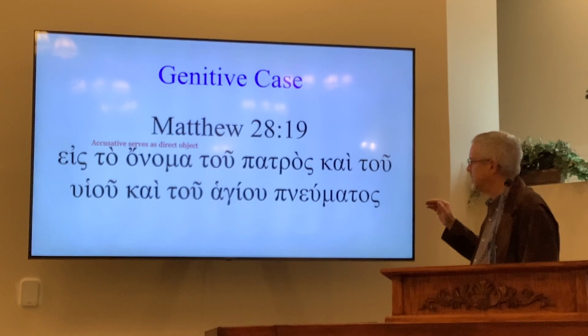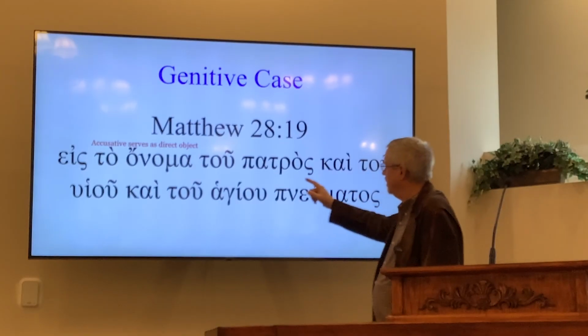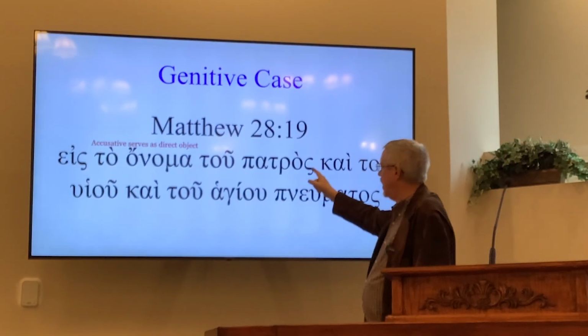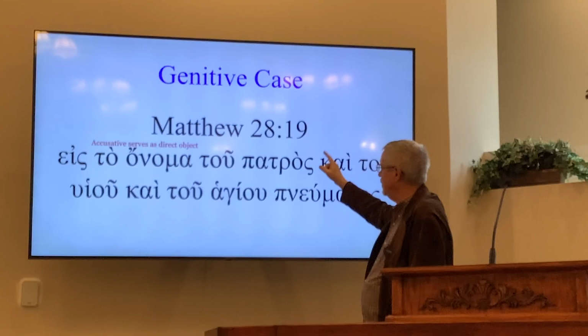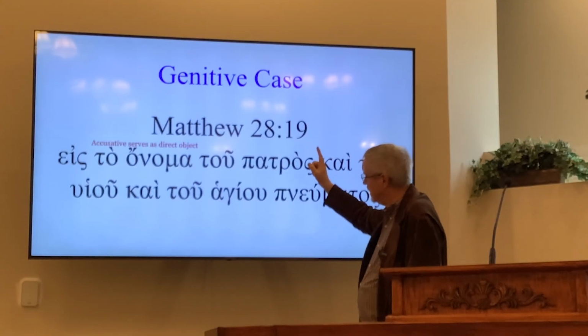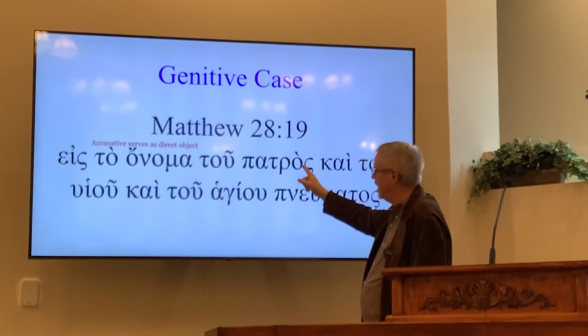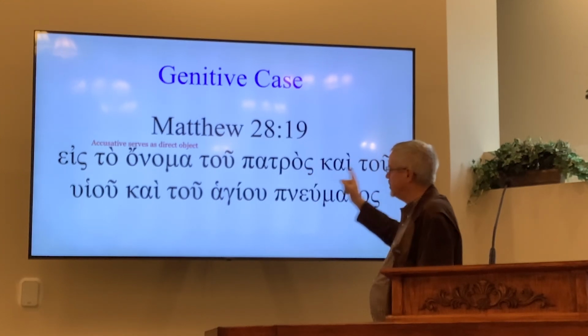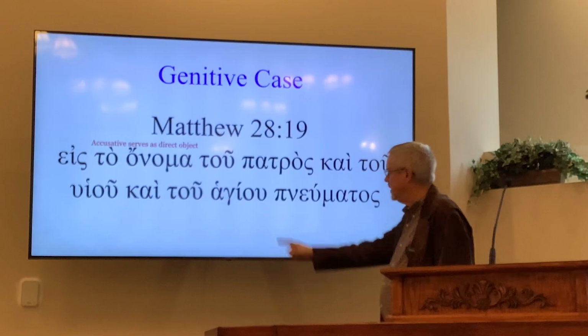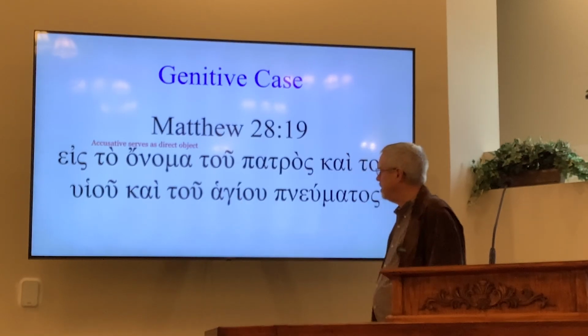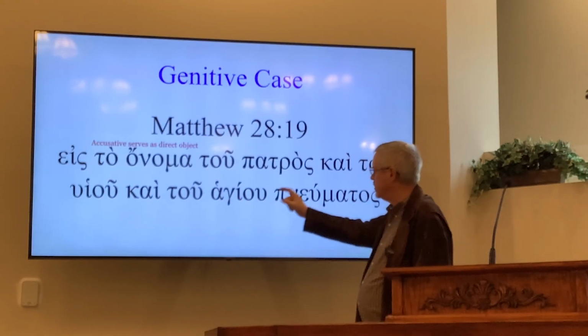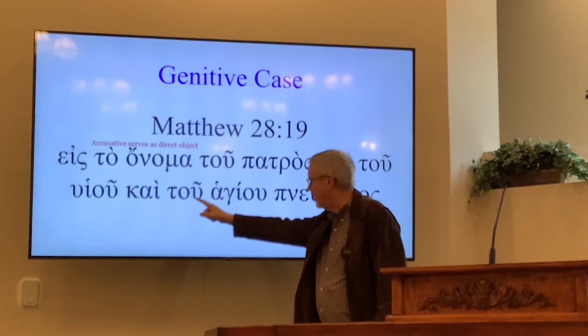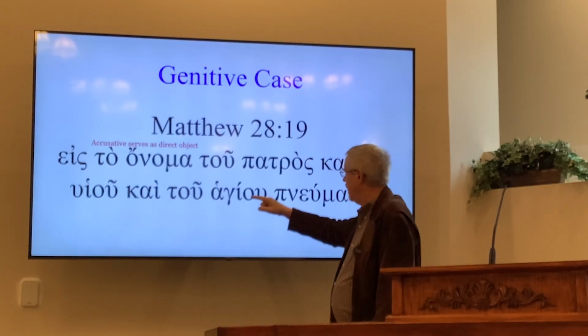Now you may see that tou patros, shouldn't that be patrou? There are some things going on I cannot explain just yet. That's a deeper thing. But you'll know tou huiou and tou hagiou, they are sharing the same omicron upsilon.